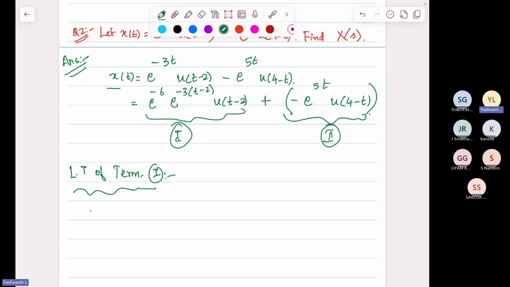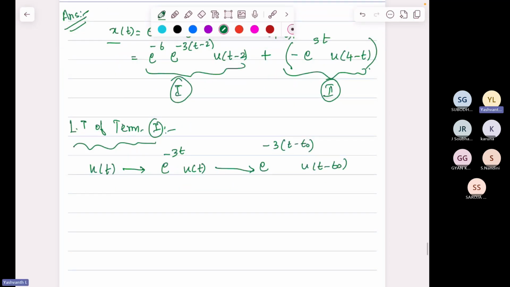Now, how did we get this first term? You take u of t, then you do e power minus 3t into u of t, and then you do time shifting. It becomes e power minus 3 times t minus t naught into u of t minus t naught.